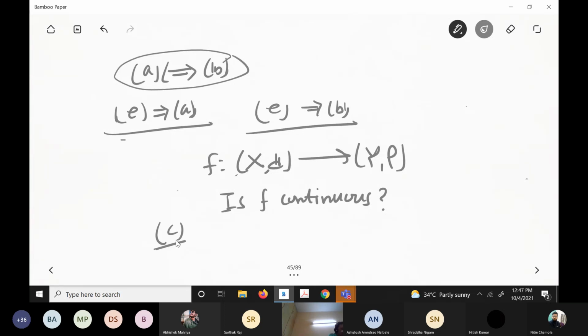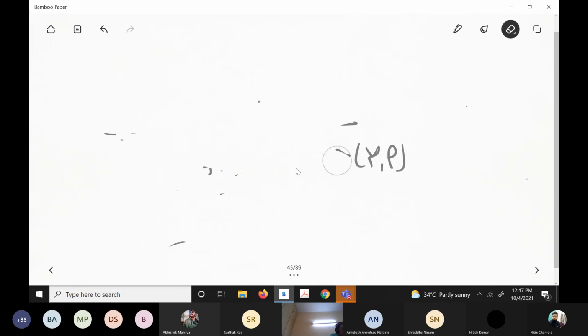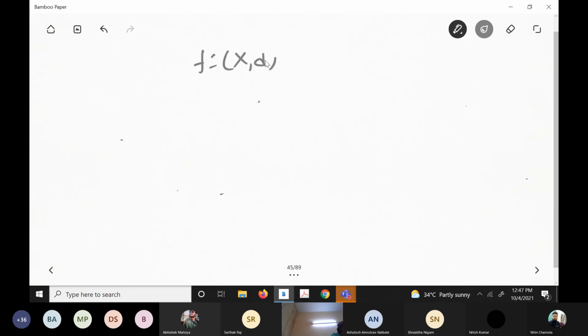But here, about D, let me give you an example of this. Look here, first of all, suppose you have a function between these spaces.